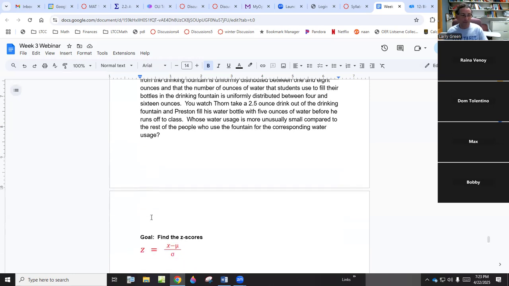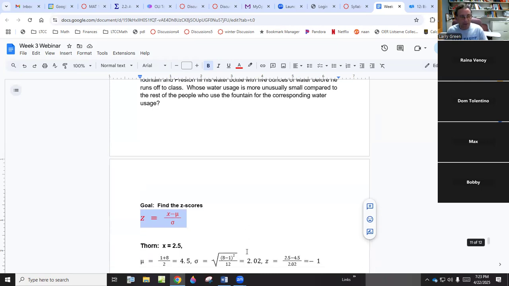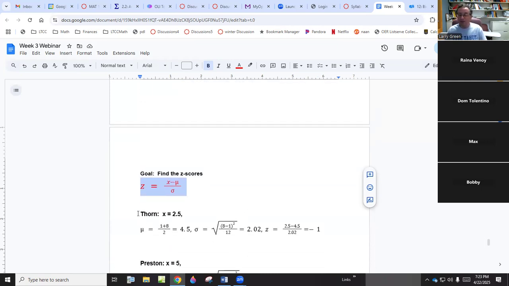Okay, so we want to find the z-scores. And now, just a reminder, the formula for z-score was z is equal to x minus mu over sigma. Any questions on that? So I think the best thing to do is just look at one person at a time. And by the way, Thorne and Preston, a long time ago, they were my students. So I use their names because they're kind of cool names.